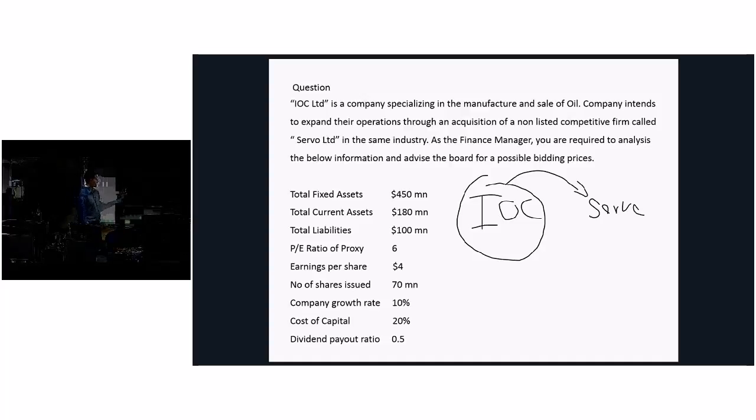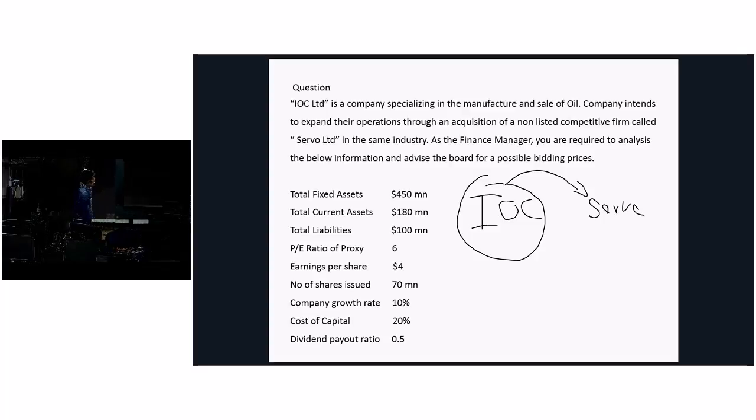This is the information that you have: the fixed assets value and the total current assets. Is this IOC's or Servo's information? It's Servo's information. From that information, you recommend to the board at which price I should take this firm.